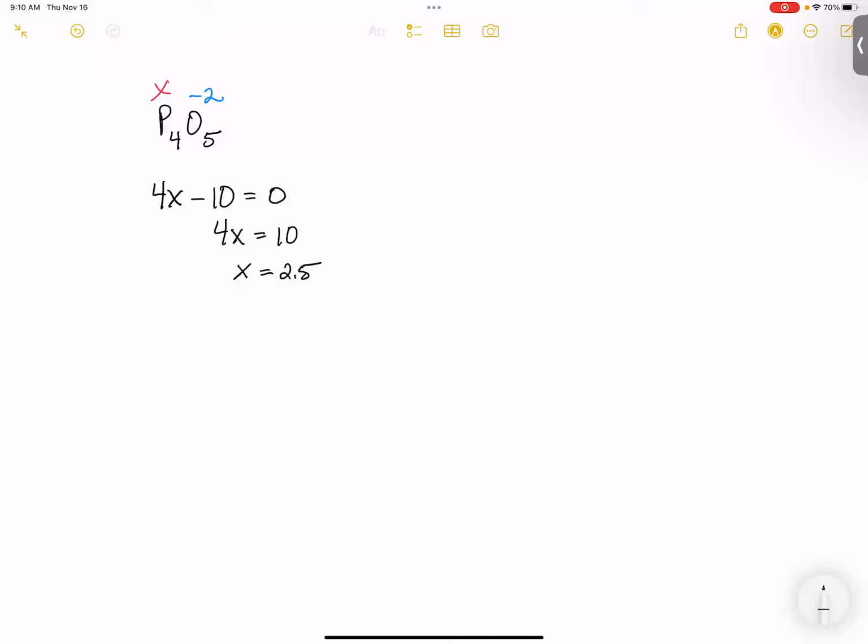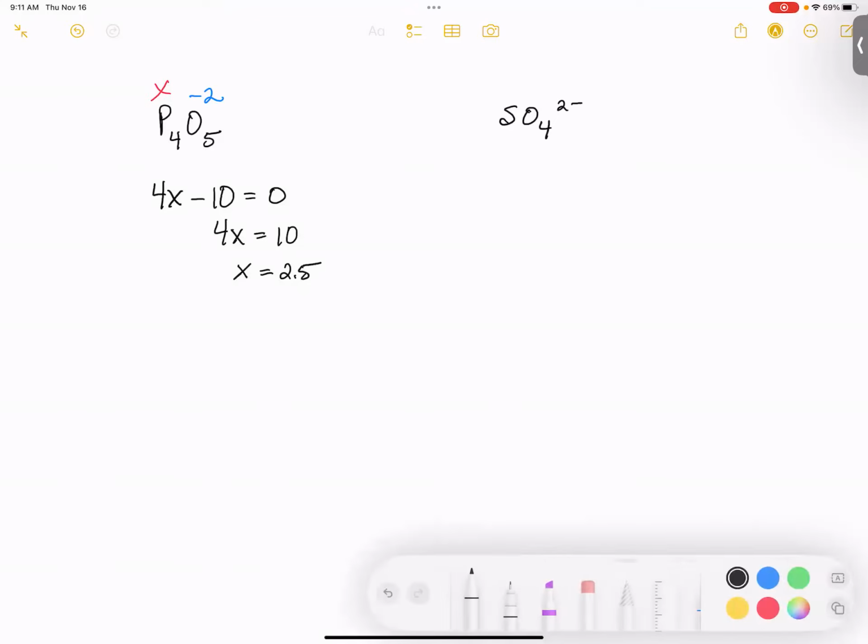And yes, you can have fractions for oxidation states. 5 times the -2. If you have sulfate, for example, oxygen is a -2 because of rule number 4. Sulfate, or the sulfur, you have to calculate.